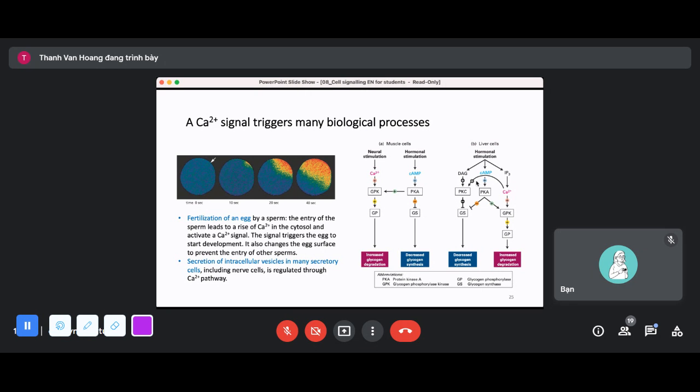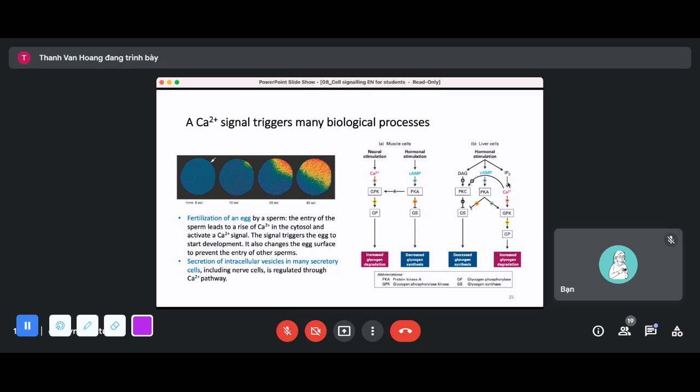And so the signals integrate with each other. Diacylglycerol activates, together with calcium, protein kinase C, and protein kinase C inhibits the glycogen synthesis, right?